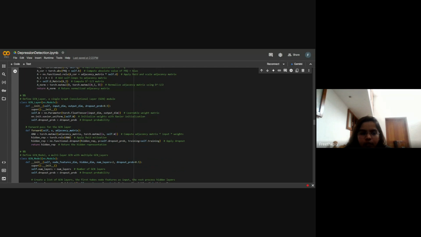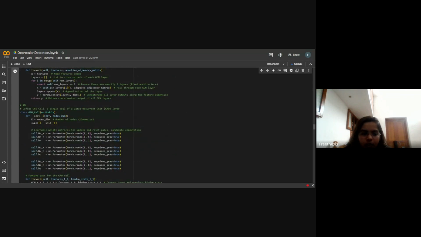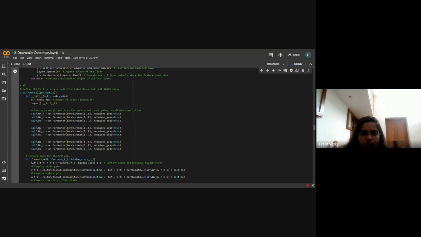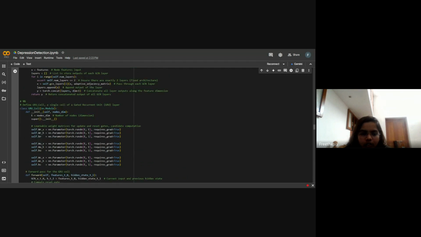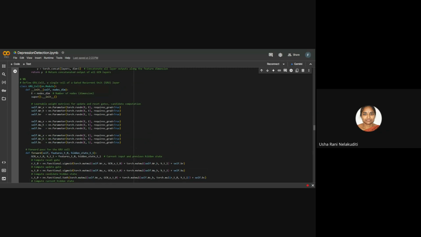In the GCN layer, we apply the convolutional operations on the graph and the adjacency matrix, and we get the spatial features from the GCN layer. Likewise, we apply the GRE model, where we give the same signal and the adjacency matrices into the GRE model, and we get the temporal features as the output.